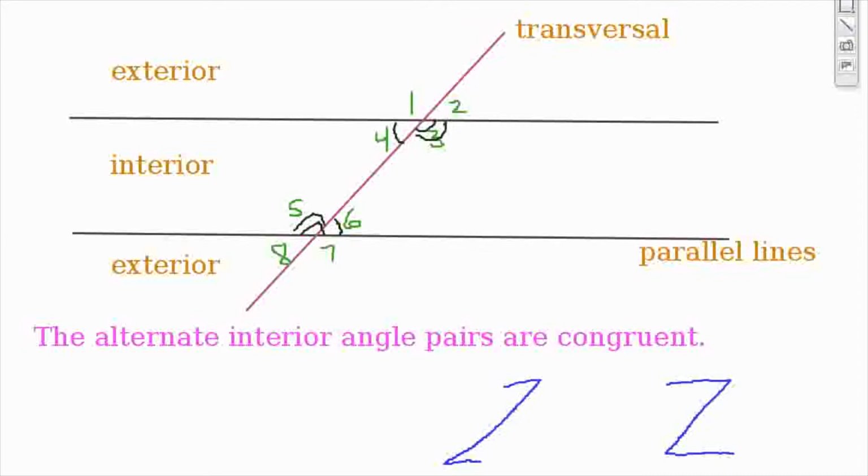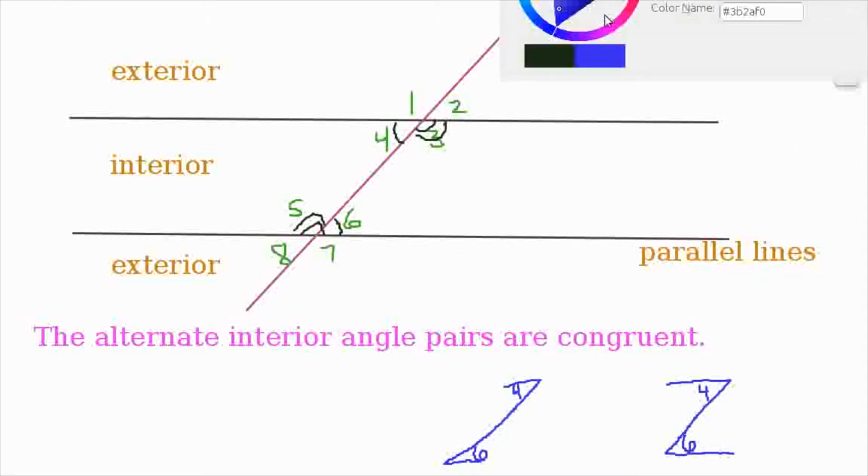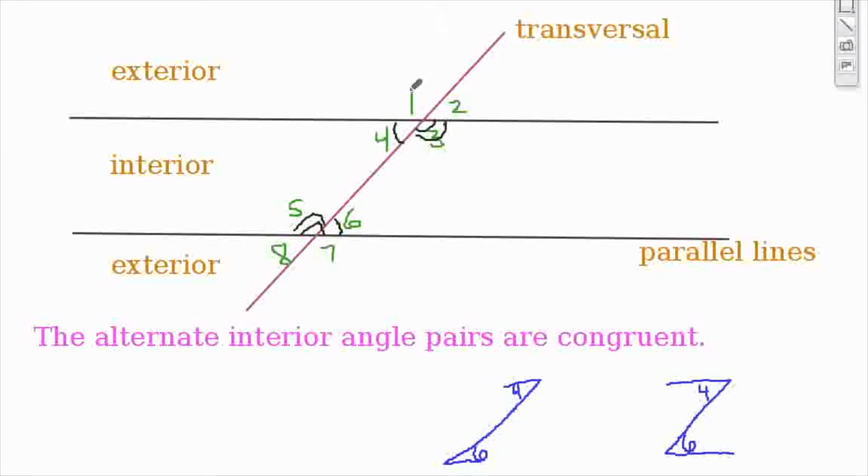All right, now let's label the angles. So let me call, just like in my picture, I have angle 4 and 6 in the corresponding positions. Let me call this angle 4 and angle 6. Now what I'd like you to do is imagine rotating the letter Z 180 degrees, either clockwise or counterclockwise.